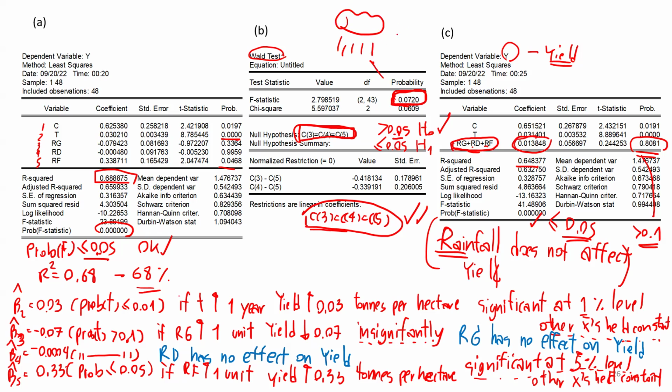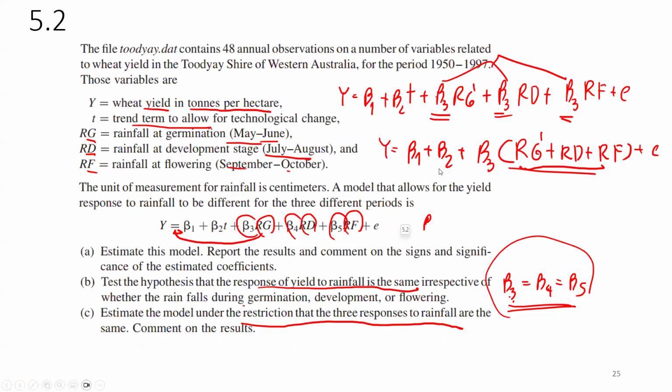And this is water, right? And the yield means your agriculture yield. When you plant something, this is the wheat yield. So when you grow a plant, a tree for example, you need water, right?